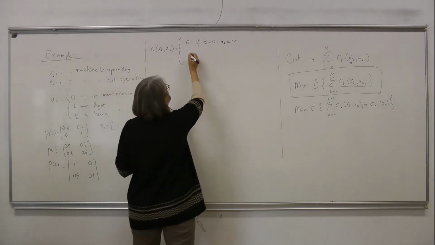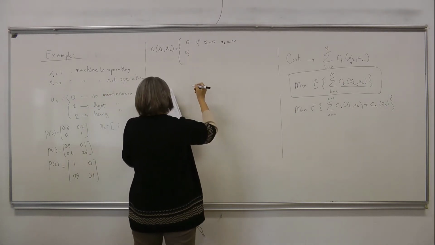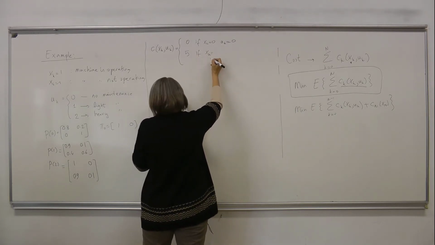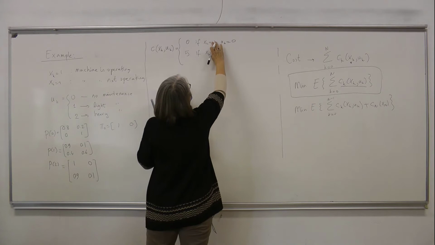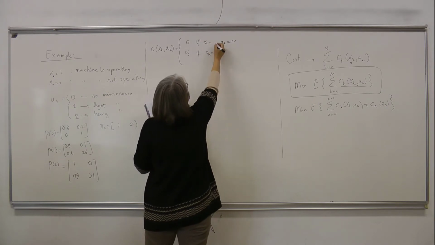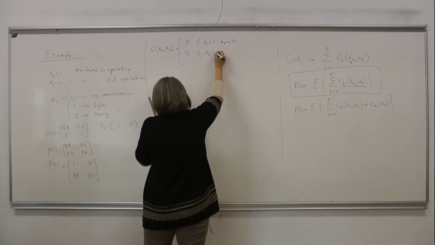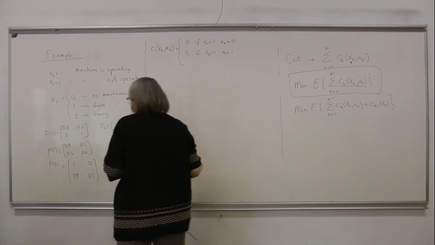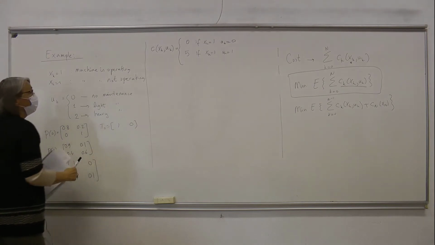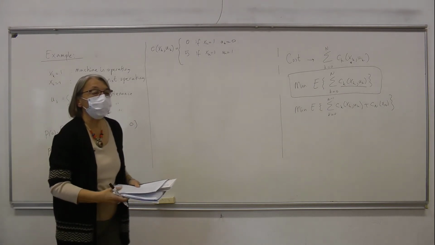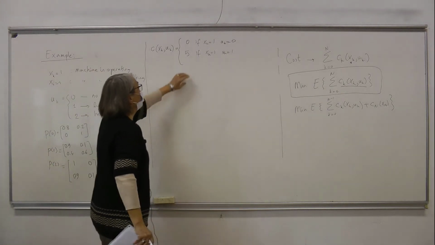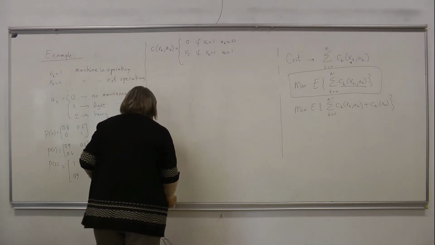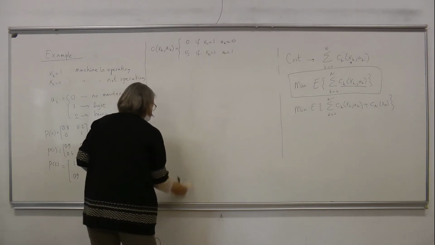And we assume that the cost is equal to 5, whatever the unit is, if xk is equal to 1 and uk is equal to 1. That is the cost of this light maintenance there. Still the machine is in the good condition, but we are applying a light maintenance there so its cost is equal to 5.